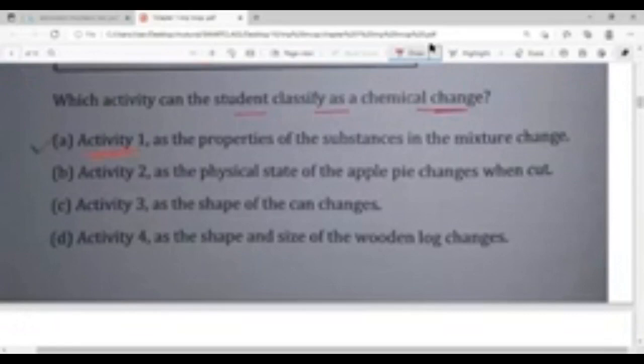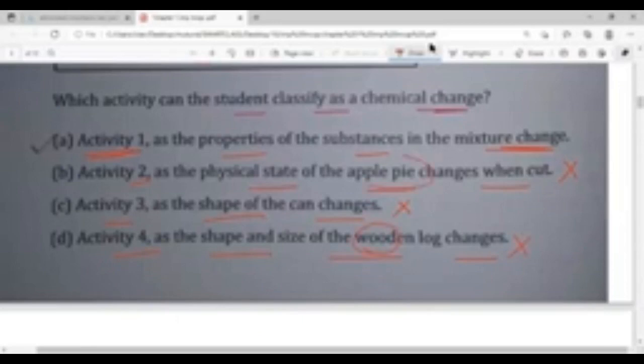And that is why activity 1 is the chemical change, because the property of substances in the mixture changes. But in activity 2, the physical state of the apple pie changes when it is cut. This is wrong because the apple pie remains an apple pie. Activity 3, as the shape of the can changes. This is even wrong. And activity 4, as the shape and size of the wooden log changes. But please, my dear students, understand that the wood remains wood.